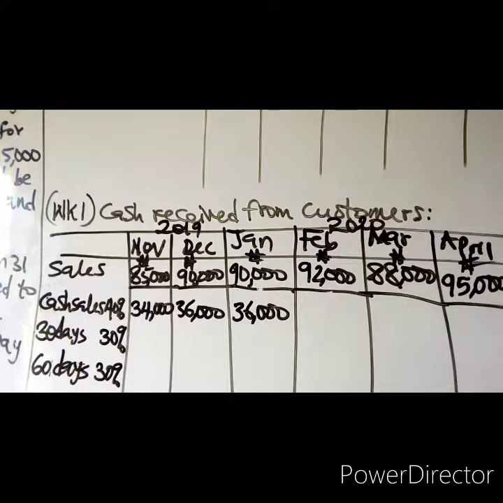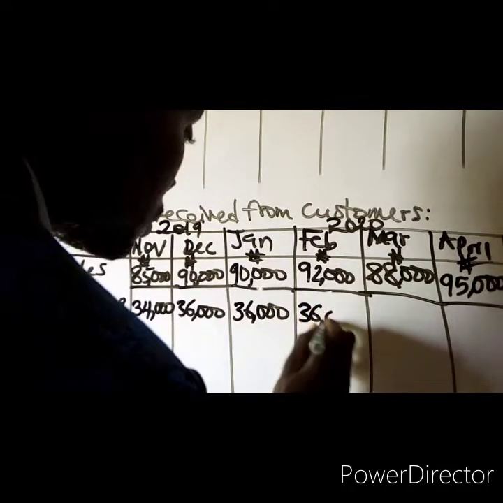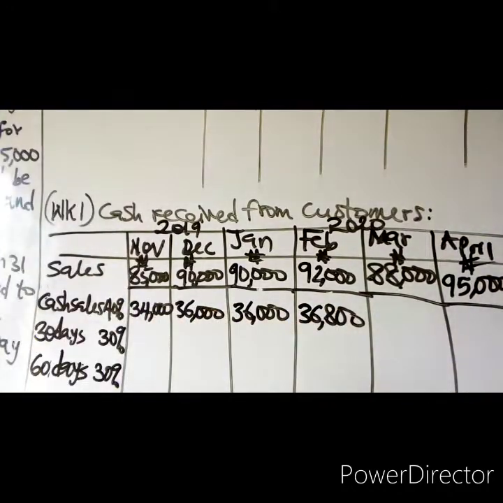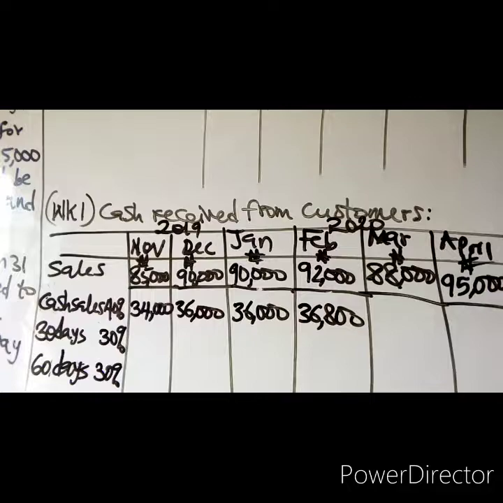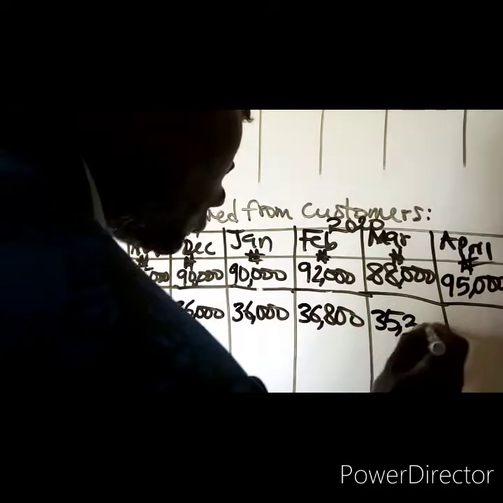40% of 92,000 will give us 36,800. 40% of 88,000 will give us 35,200.